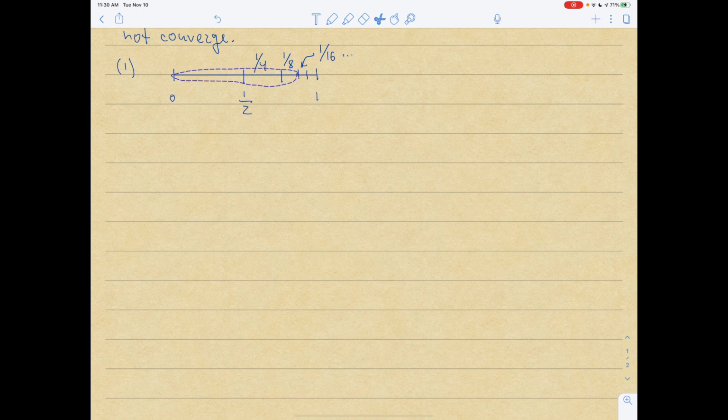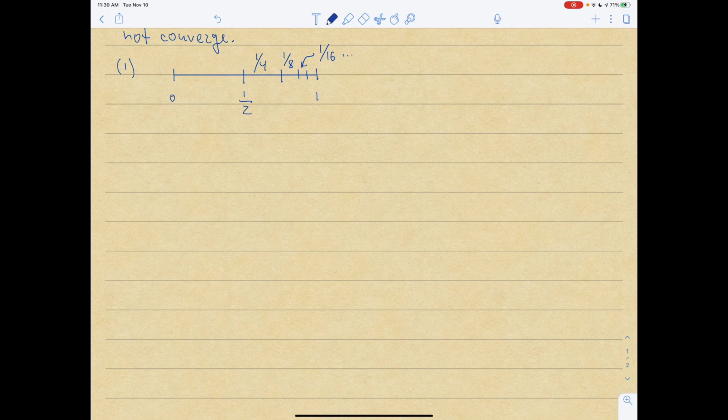The first three intervals will give me 1/2 plus 1/4 plus 1/8, that is 3/4 plus 1/8, whatever it is. And if I keep going like this, once I allow this procedure to go to infinity, I'm going to see that, number 1, the rightmost subdivision point is going to get closer and closer to 1, and number 2, the distance between the rightmost subdivision point and 0 is going to be a sum of 1/2 to the power n.